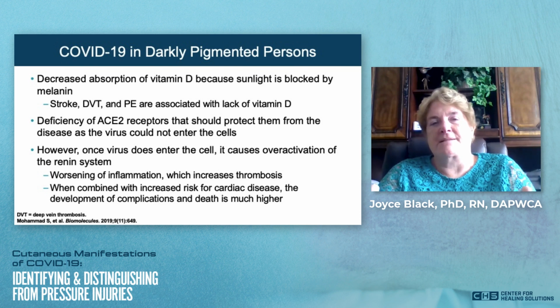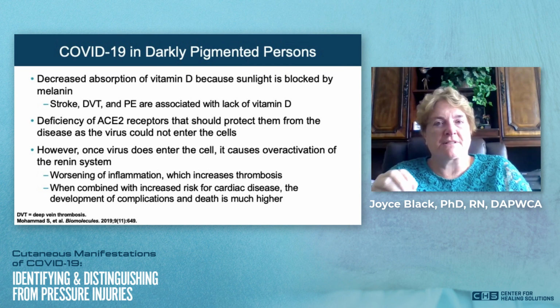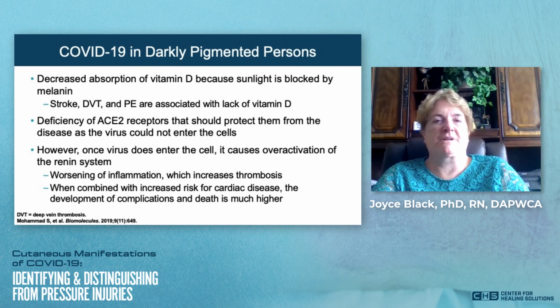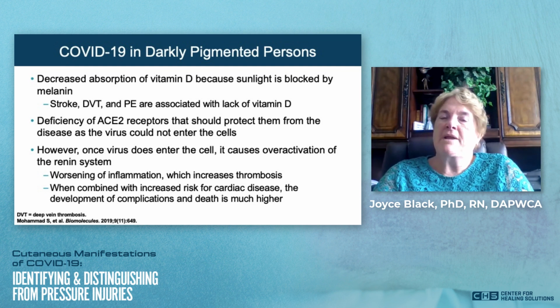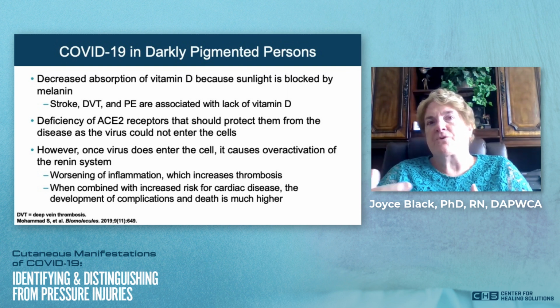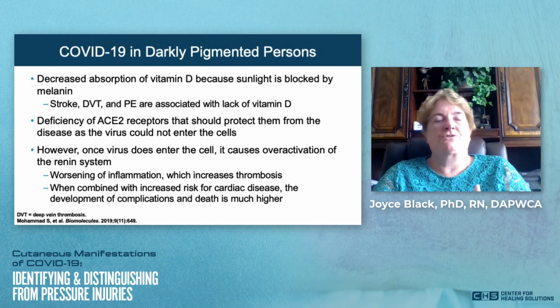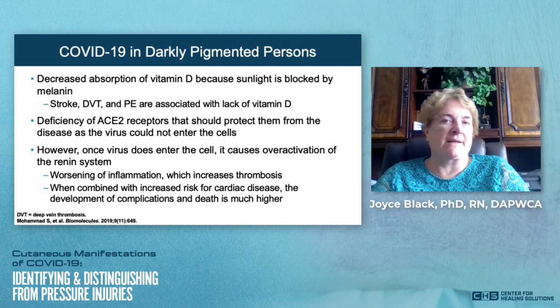What happens is the virus attaches to the receptors that are there, and the response to that limited ACE receptor attachment is a much accelerated cytokine storm. So when we increase inflammation, we increase the risk of thrombosis. That's part of the inflammatory response. And then when you combine that with an elevated risk of clotting diseases due to the inability to absorb sunlight and therefore manufacture vitamin D, you get a higher risk of complications.